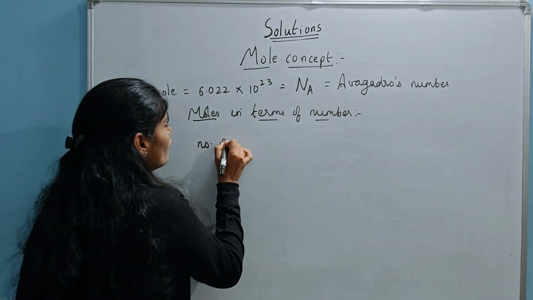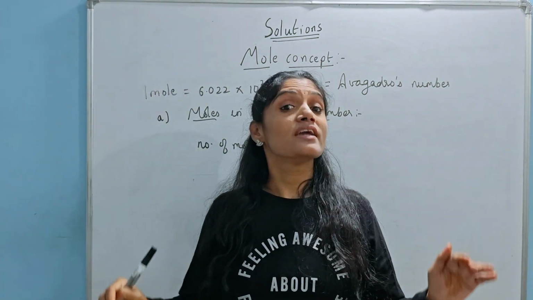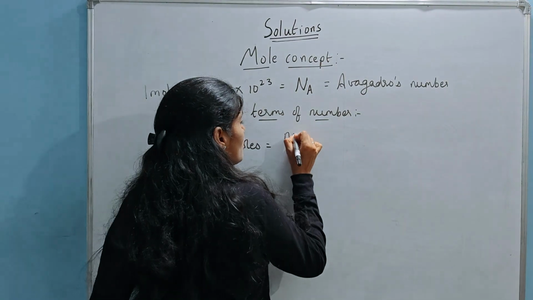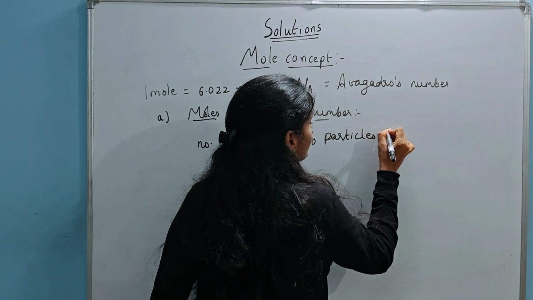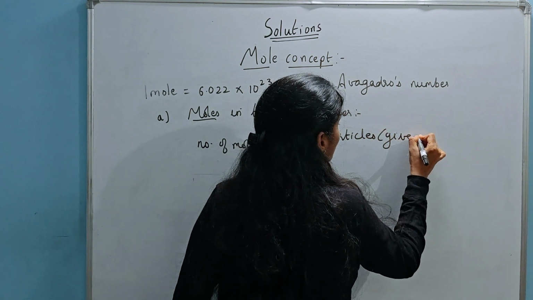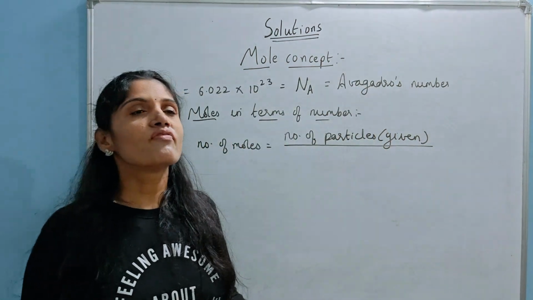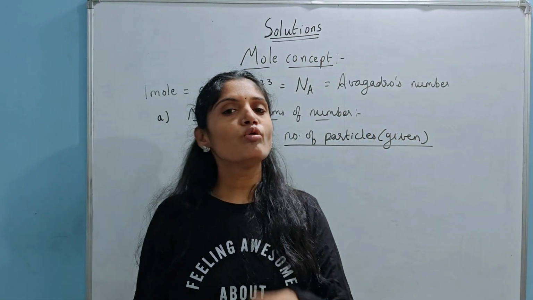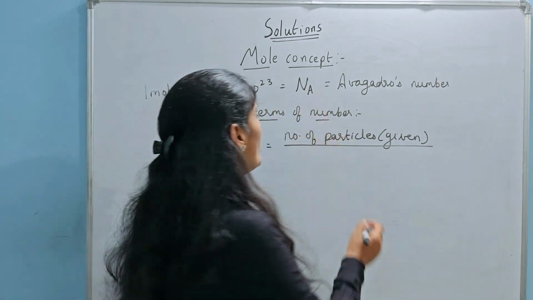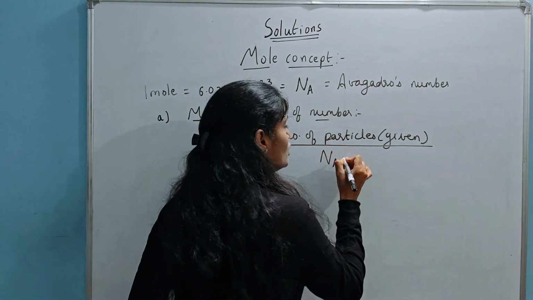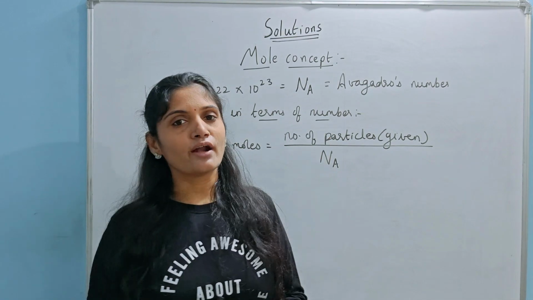So number of moles is equal to the number of particles given, divided by how many particles? Our reference number, which is 1 mole. 1 mole is how many particles? 6.022 into 10 to the power of 23, which is equal to Na. So number of moles is equal to number of particles given divided by Avogadro's number.